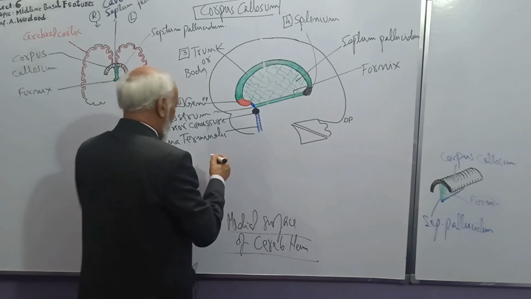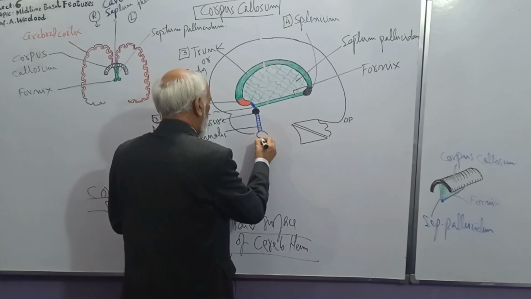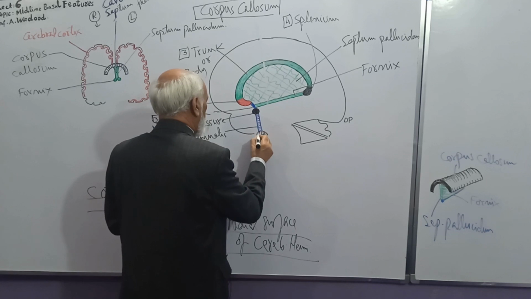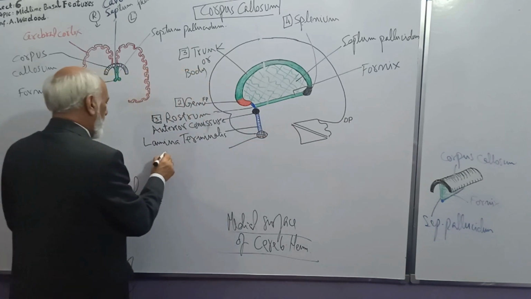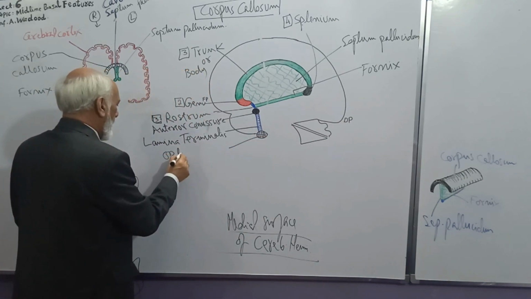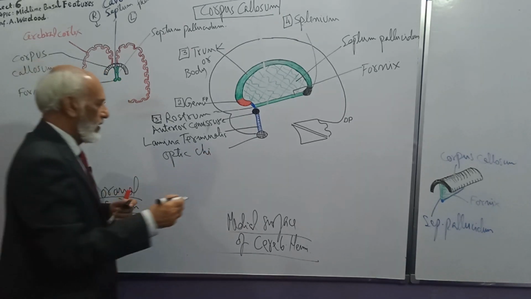At the lower end of the lamina terminalis is the optic chiasma, part of the visual pathway.